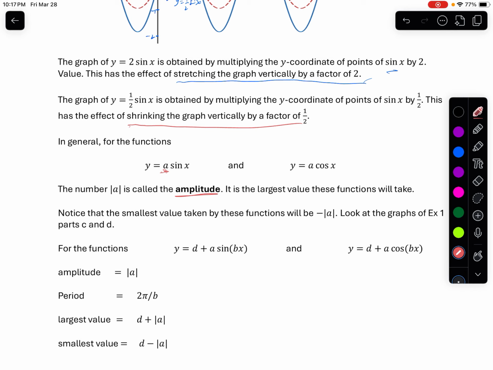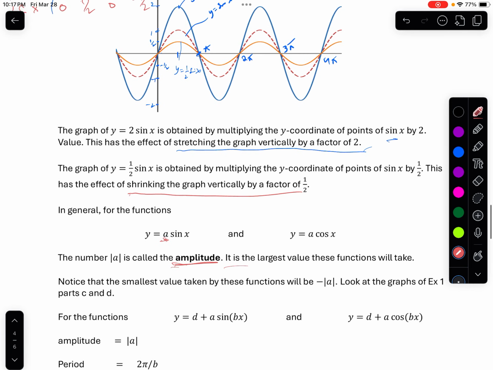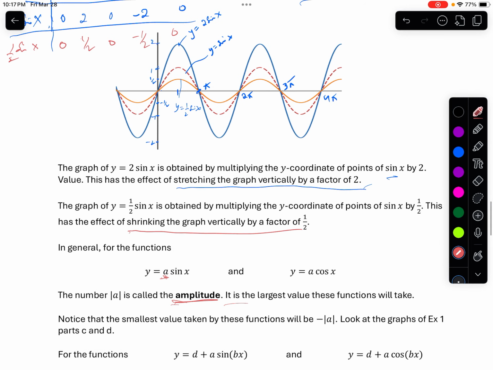And also it is the largest value that these functions will take, and the smallest value of these functions will be negative of the absolute value of a. And we can see this in this figure example that we just saw. See, this is the minimum value or the smallest value, which is at -2.